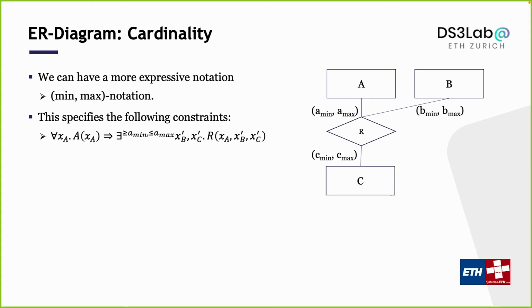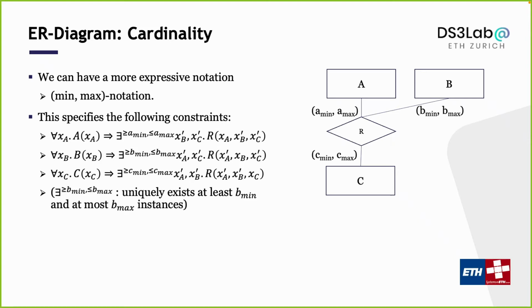That is, for every single relation, you can find uniquely, at least the minimum number of times, and at most the maximum number of times, that many participations of the same entity in this relationship. So it's very precise about what we mean by this.